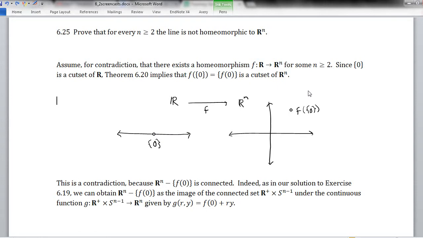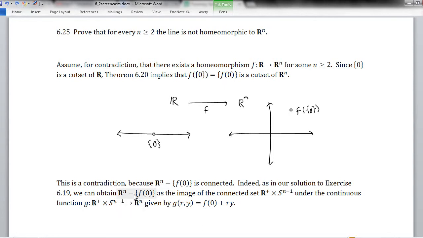Okay? Meaning that the complement of this one-point set is disconnected. But that's a contradiction. We can show that the complement of the one-point set is in fact connected.